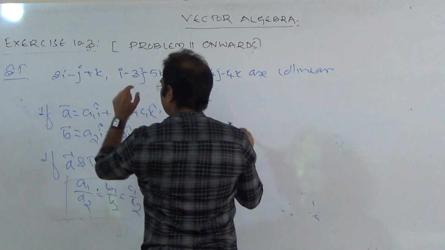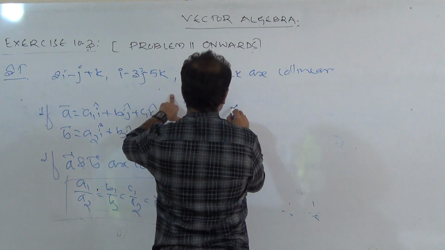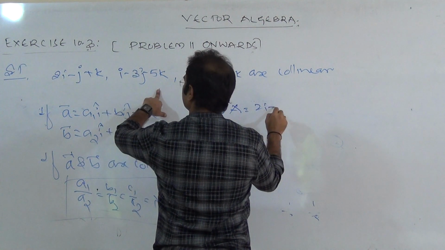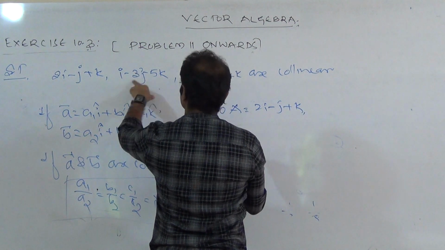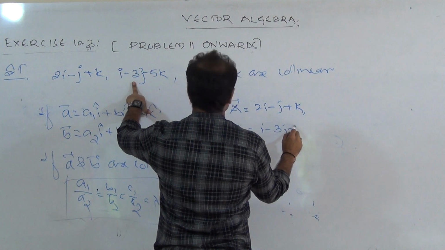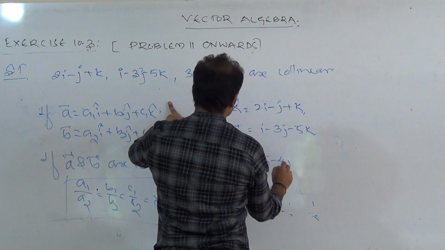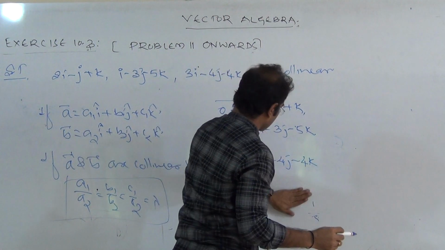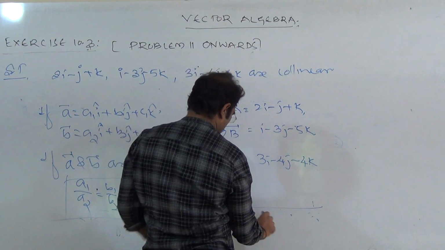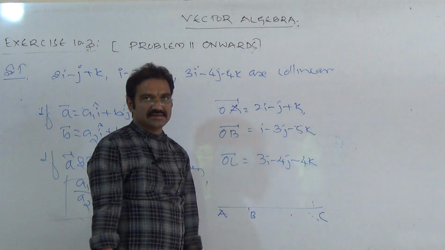You take this one as A, this one as B and this one as C, or you write the points: OA is equal to 2i minus j plus k, OB, position vectors, is i minus 3j minus 5k, OC is equal to 3i minus 4j minus 4k, right? This is the line A, B and C. We have to show that AB plus BC equal to AC.